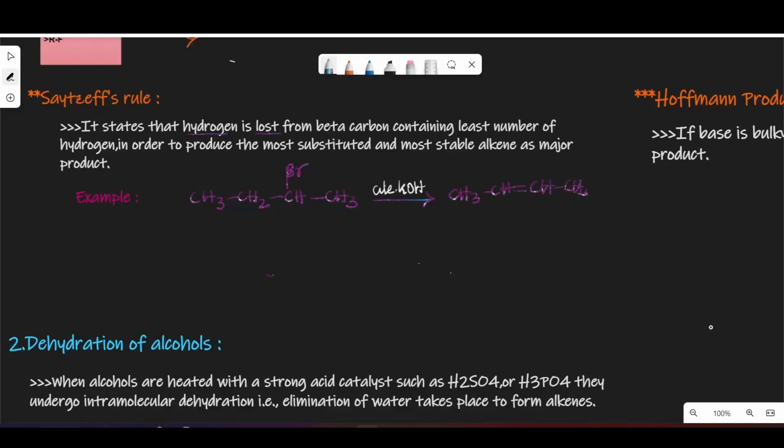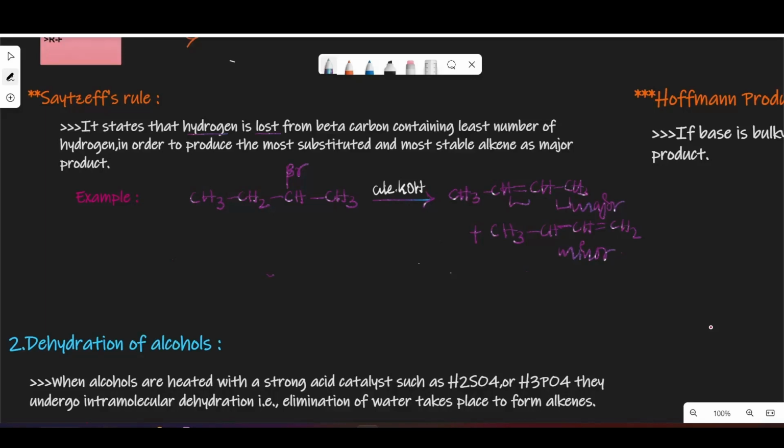Here we have another possibility, another product also: CH3CH2CH=CH2. But it is less substituted, because this product is the major product and this product is the minor one.